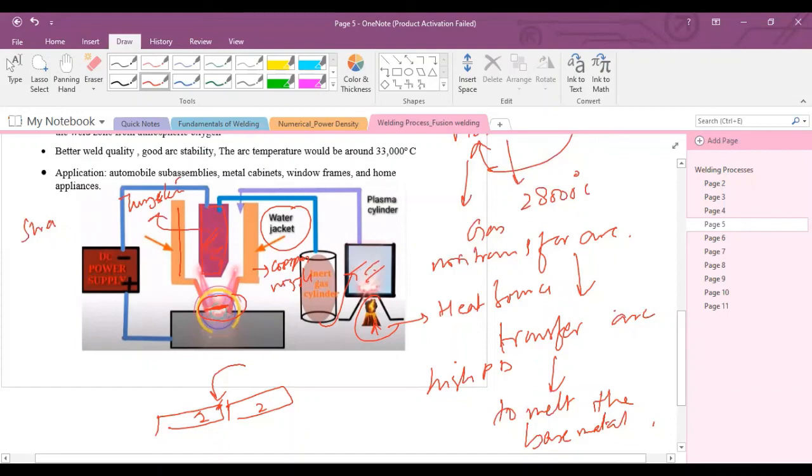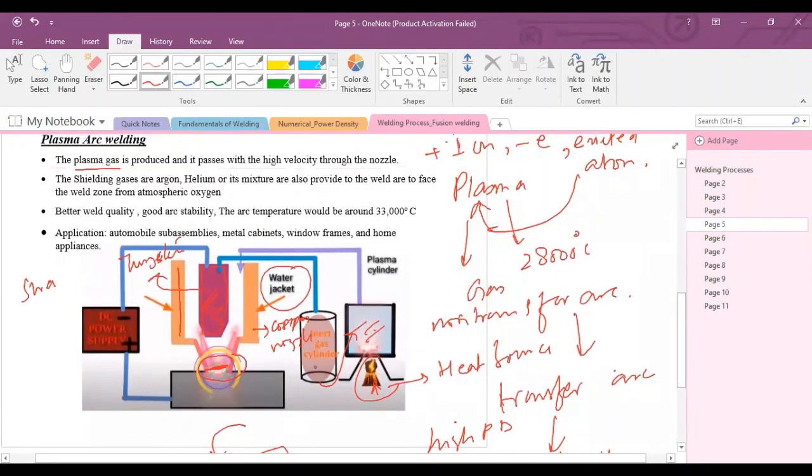By the way, the inert gas cylinder has two functions. One end is going into the plasma chamber where plasma gas is produced. The other end, this dark blue end, shows that this inert gas also works as a shielding gas, because in the surroundings of this arc there is some air, oxygen, hydrogen, or nitrogen already present.